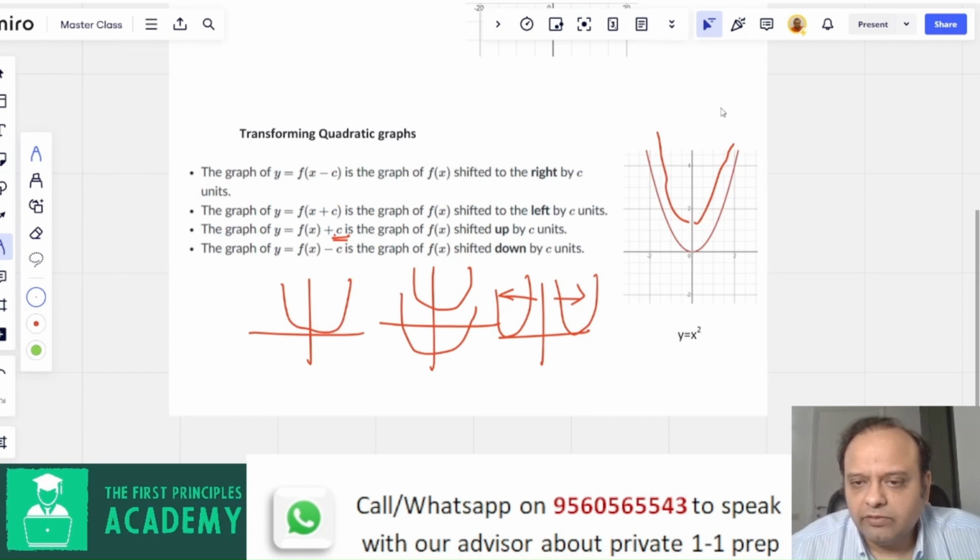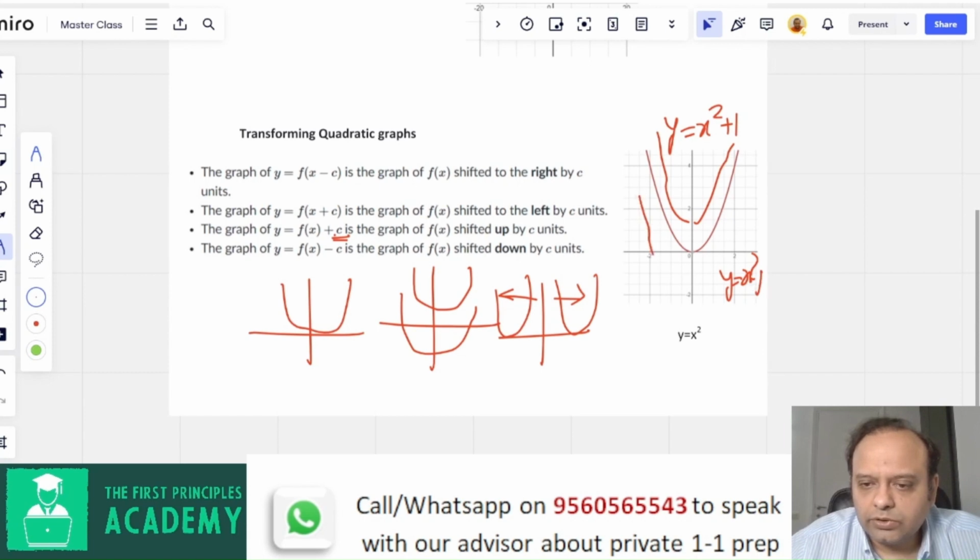That makes it y equals x square plus 1. What if you subtract 1 from y? It will just move downwards. y equal to x square is 0 at 0, but if you plot y equal x square minus 1, it will just move down by 1 unit.